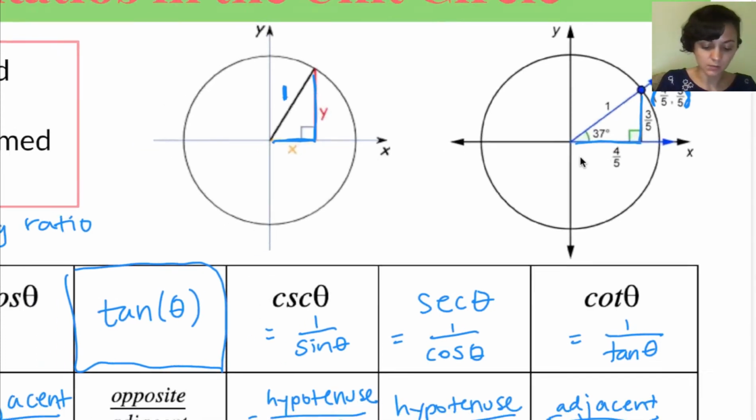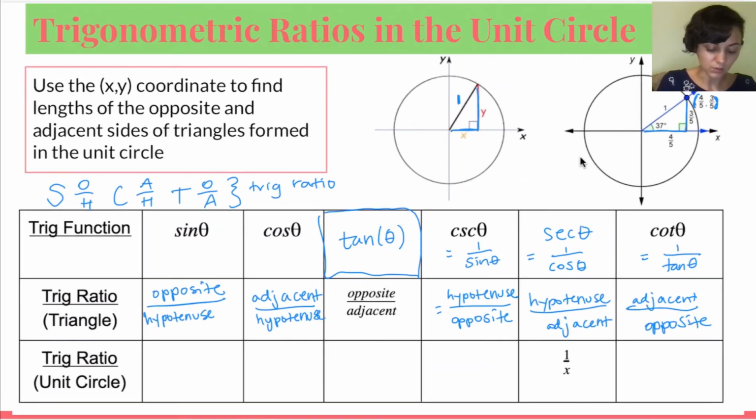We are going to use those for our trig ratios in the unit circle. So instead of always saying opposite or hypotenuse, now I can say that sine is y over 1, which is just y. Since the opposite side is always the y coordinate, my sine value is just whatever that y coordinate is. And my cosine value is x over 1, adjacent over hypotenuse.